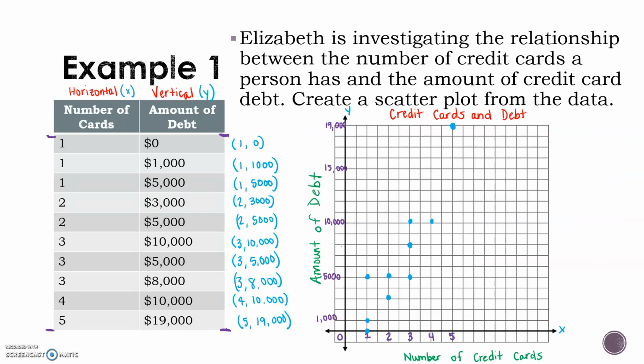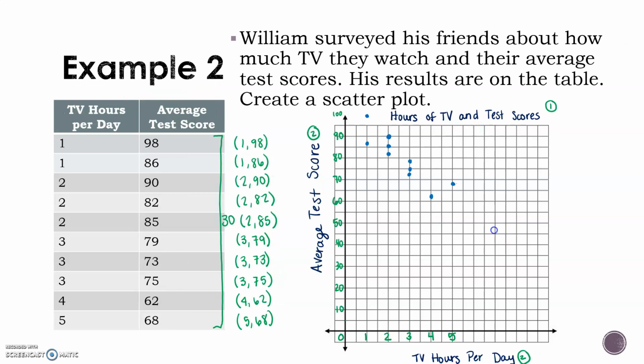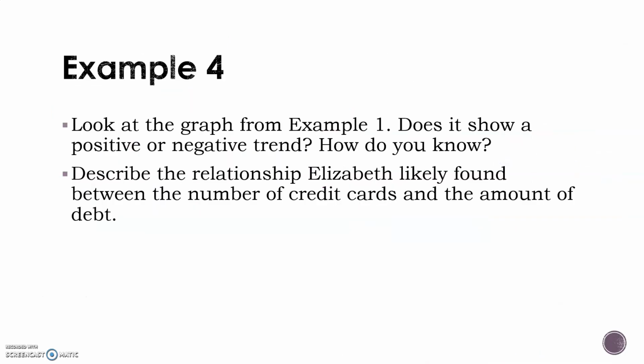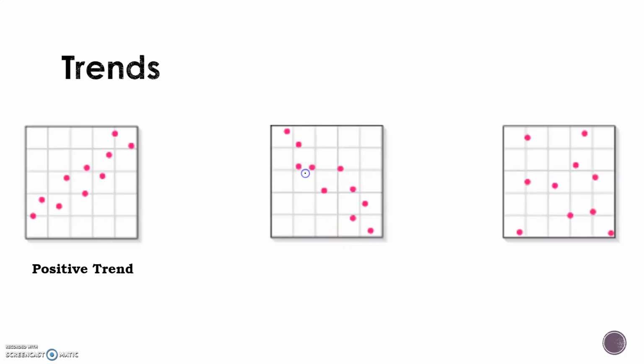Example 1. If I look at this, I know that this line doesn't go through all of my points, but it generally is going up. And so that would mean that there is a positive trend. And I would say, as, what values are we using again?